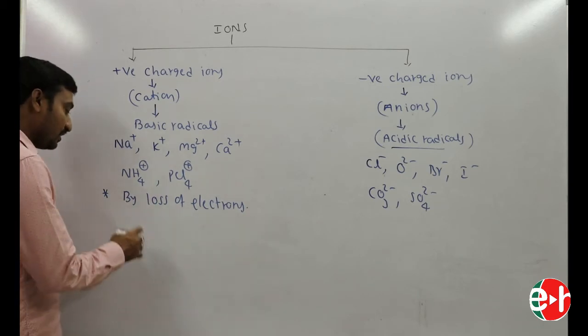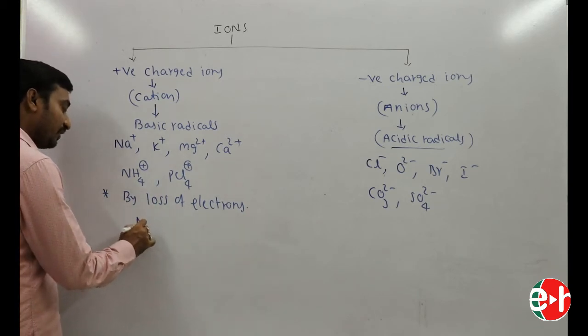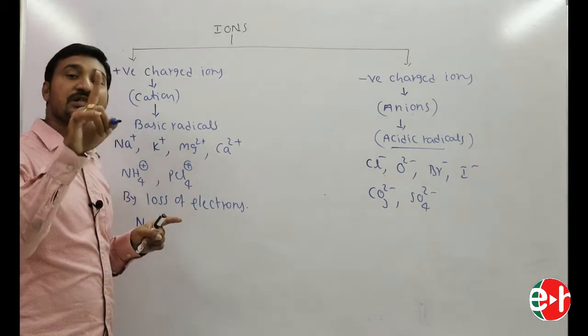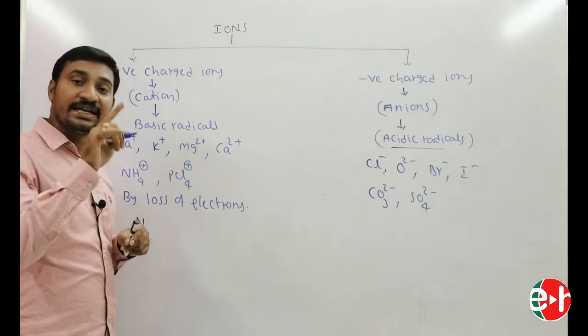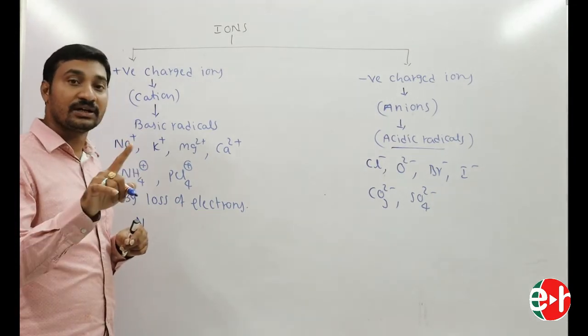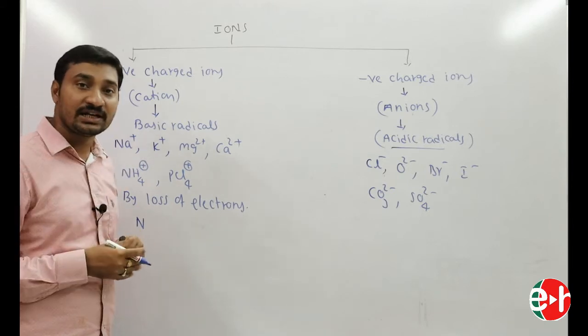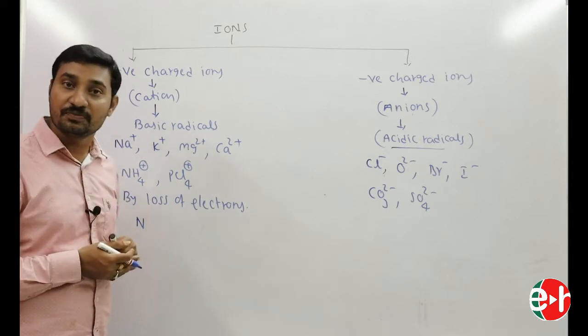For example, if it lost one electron, one positive charge is present. If it lost two electrons, two positive charges are present. If it lost three electrons, three positive charges are present.